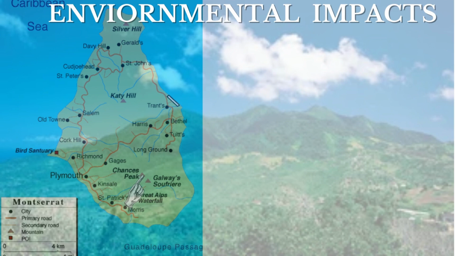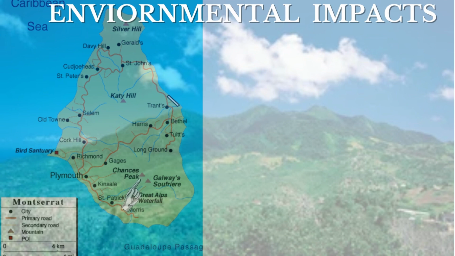Prior to the eruption, which started in 1995, the highest peak on the island was Chance's Peak at a height of 909 meters above sea level. However, the lava dome, which currently forms the summit of the Soufriere Hills, is the highest point on the island, reaching 1,089 meters above sea level.